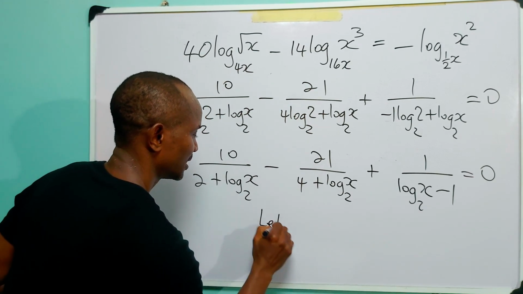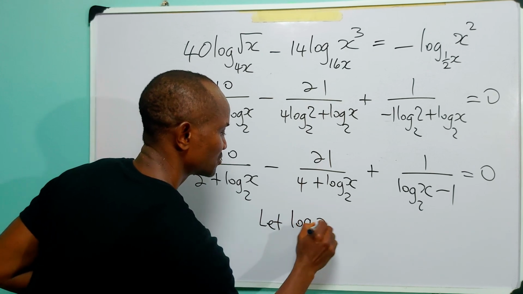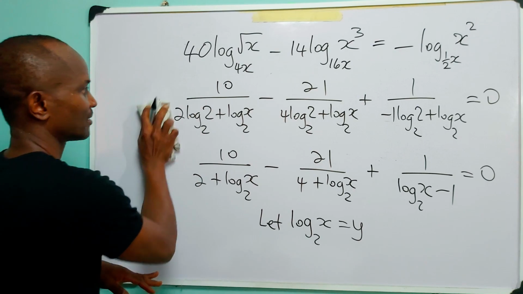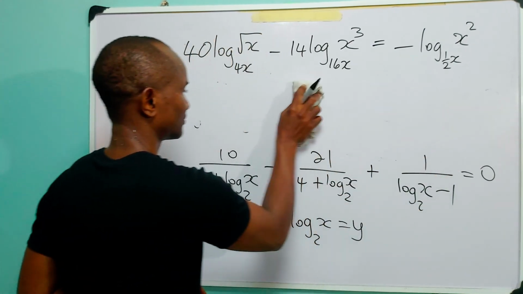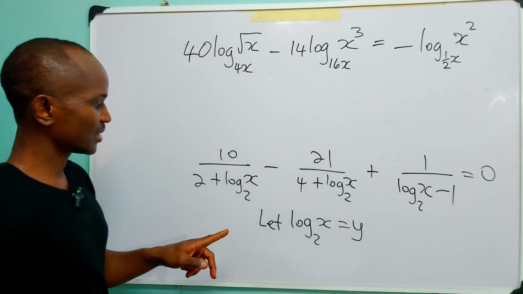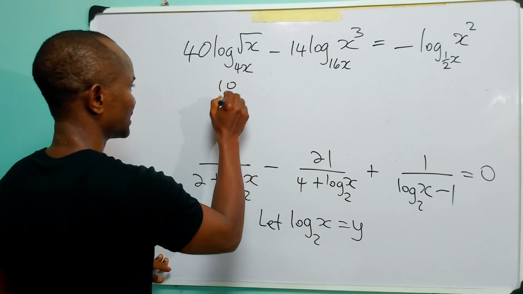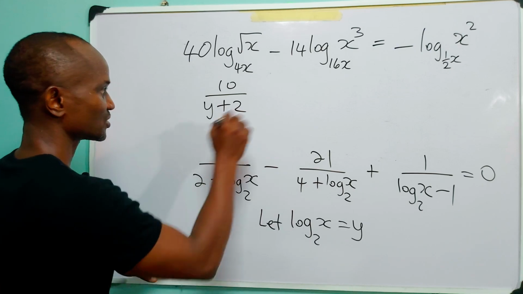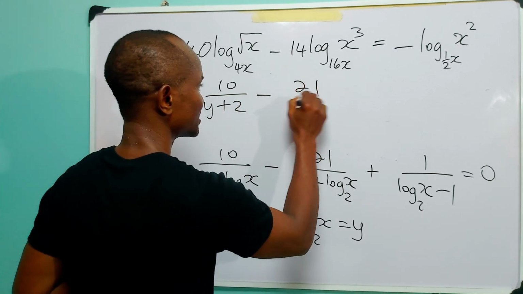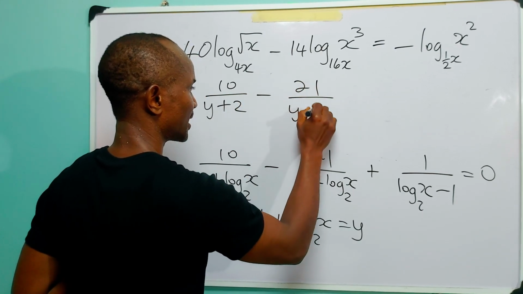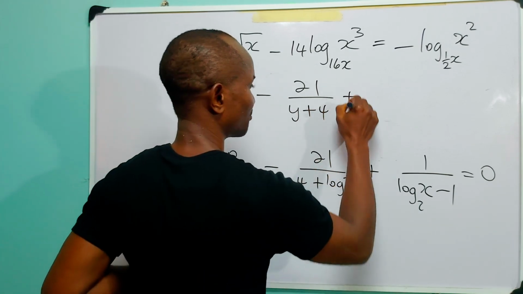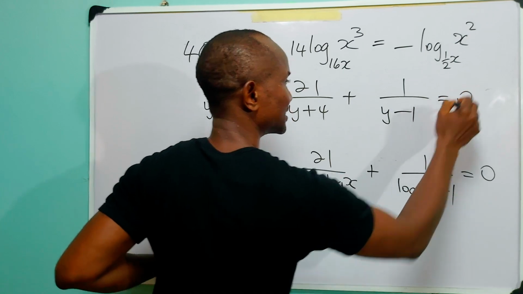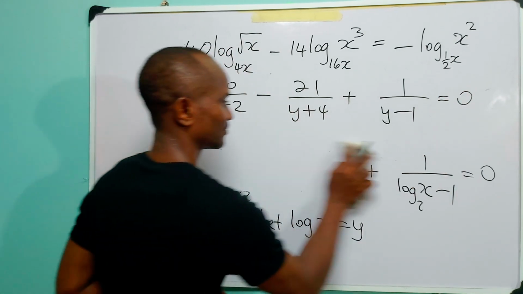Now, let log to base 2 of x be equal to y. So from this last line, what we have is that 10 over y plus 2, minus 21 over y plus 4, plus 1 over y minus 1 is equal to 0.